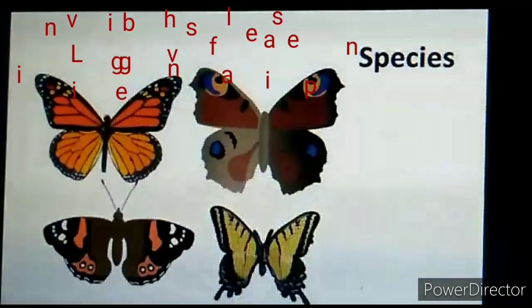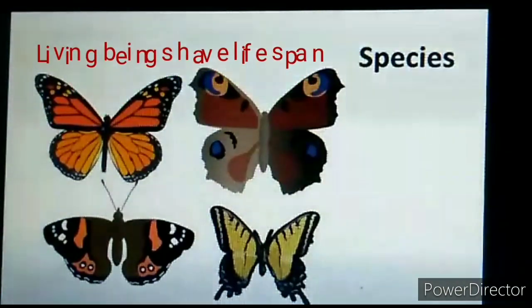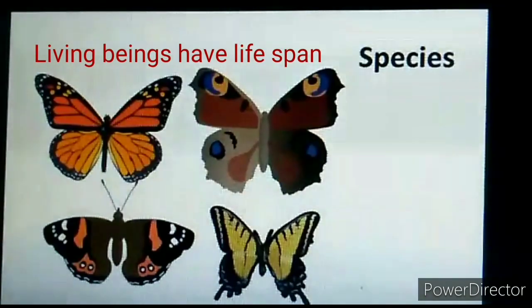All living organisms are not the same. You see here, a dog differs from a cat, a butterfly differs from all other insects. There are many kinds of butterfly. They look different, but their body structure, food habit, and many other things are similar. The group of such similar organisms is known as a species.